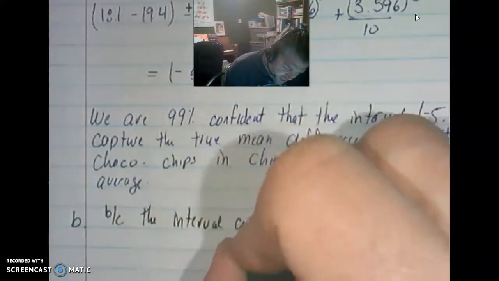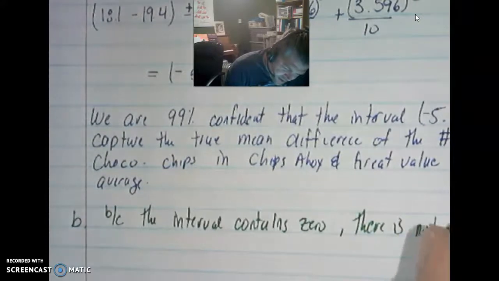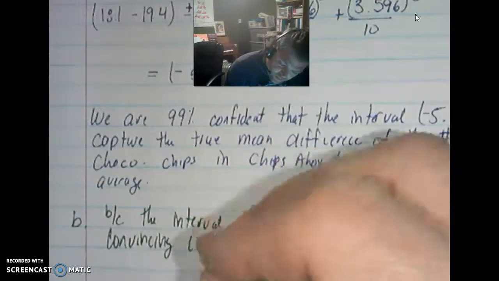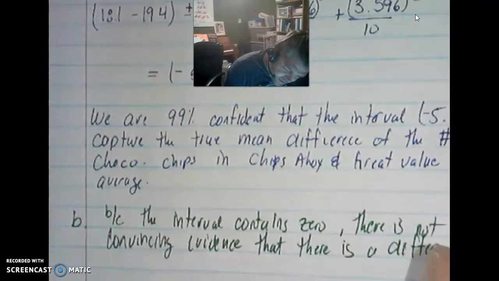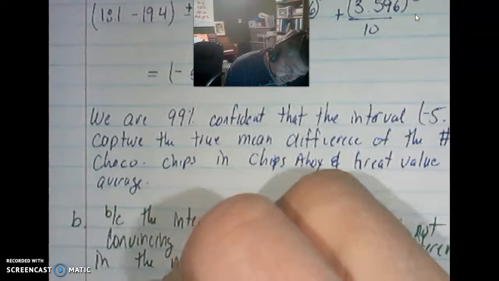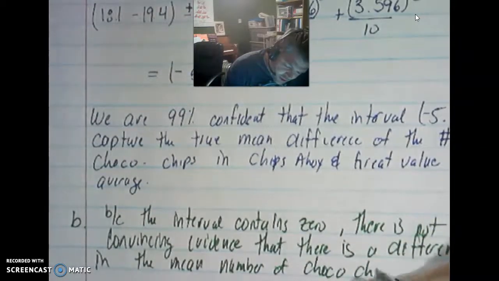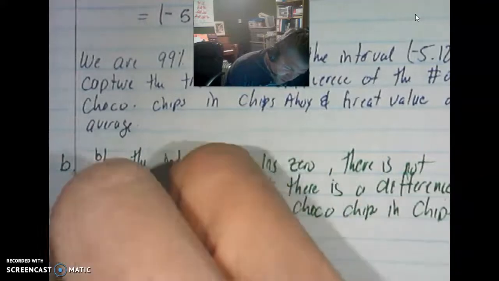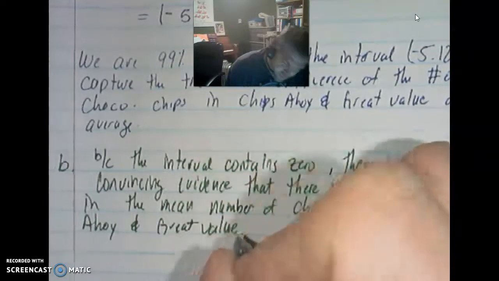Well, because the interval contains 0, there is not convincing evidence that there is a difference in the mean number of chocolate chips in Chips Ahoy and Great Value.